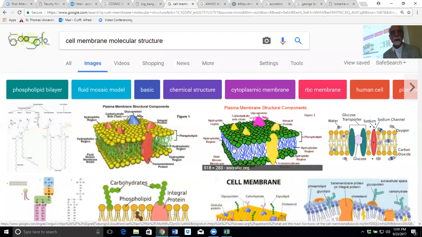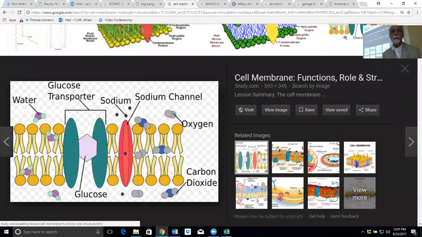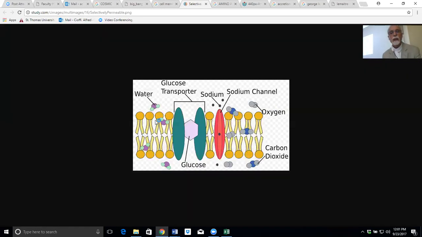Let's start with a simple example. This one. All right, you see these yellow balls, these little legs. Okay, these are lipids. And you notice that the head part, the yellow ball, is facing water, and there's water over here too.